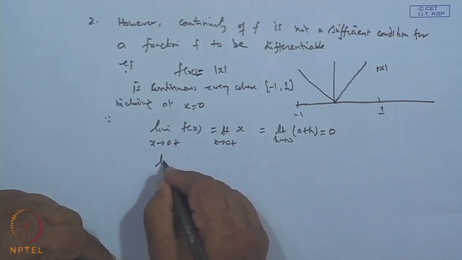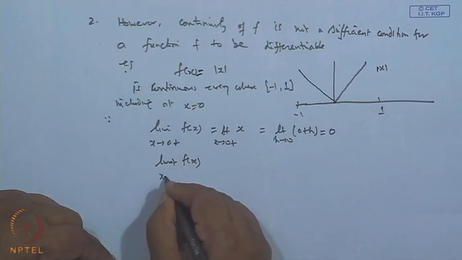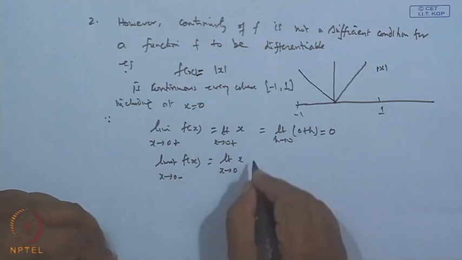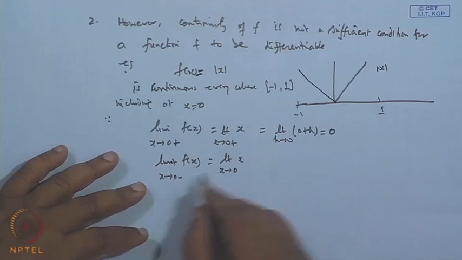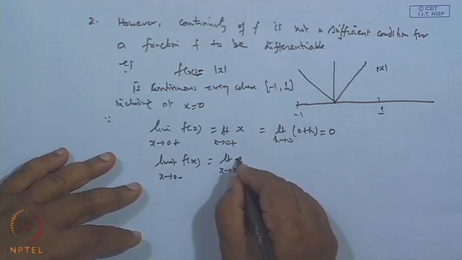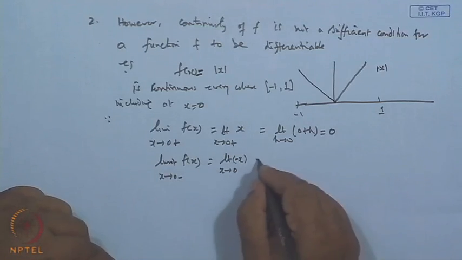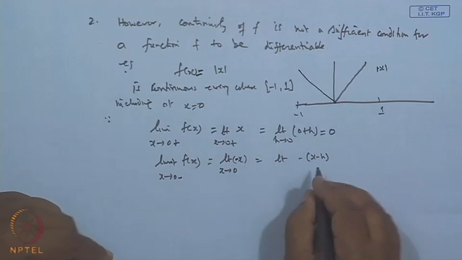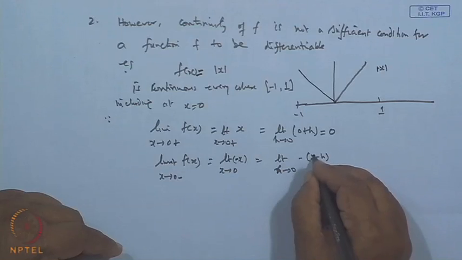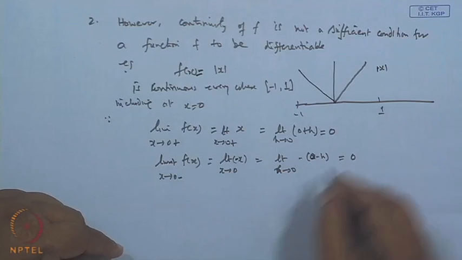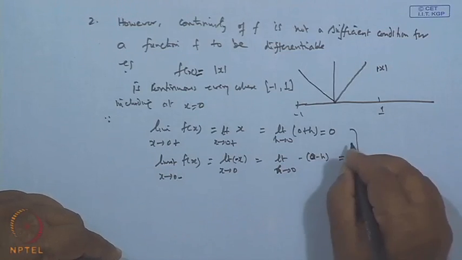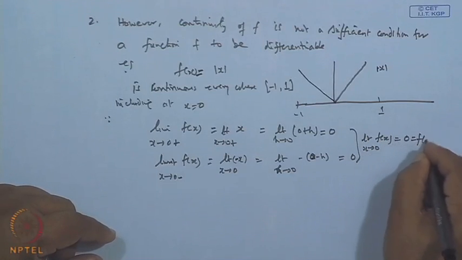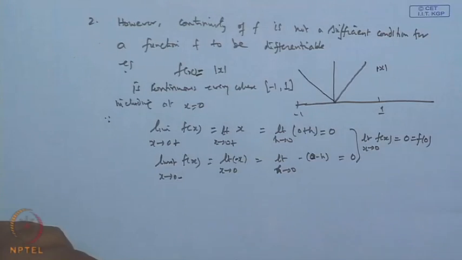And if we look at the limit of f x when x tends to 0 from the negative side, mod of x is minus x, so we get the limit of minus h as h tends to 0, which is again 0, and the value of the function is f 0, which is 0. So, the limit exists, the limit of f x when x tends to 0 is 0, which is the same as f of 0. So, the function is continuous at 0.